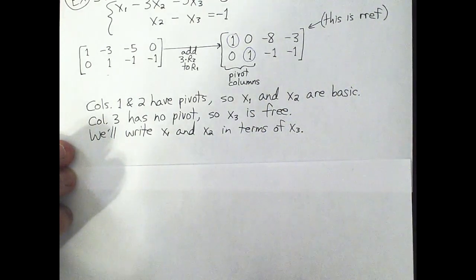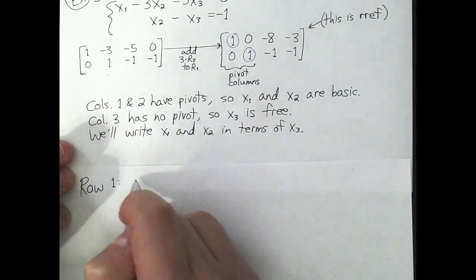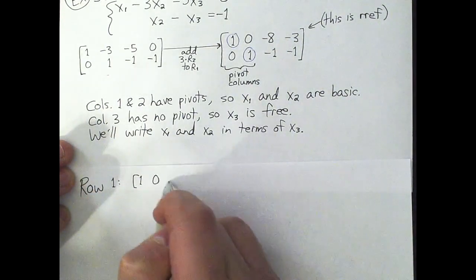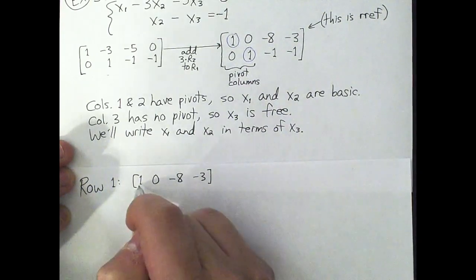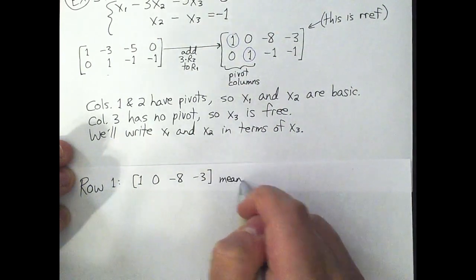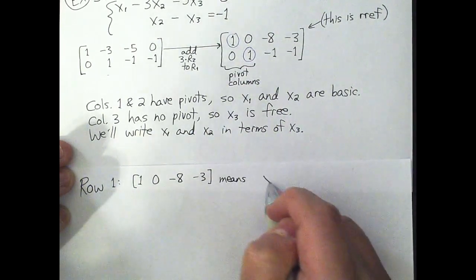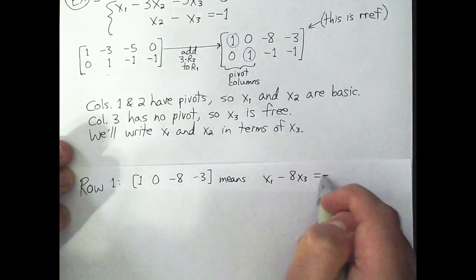Let's see what row 1 is telling us. Row 1 looks like this. I'm just copying row 1 right now. And this means x1 minus 8x3 equals negative 3.